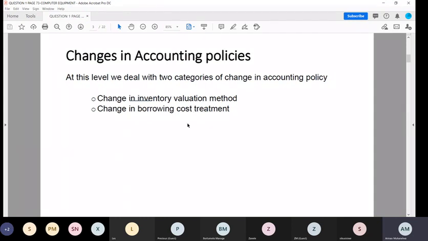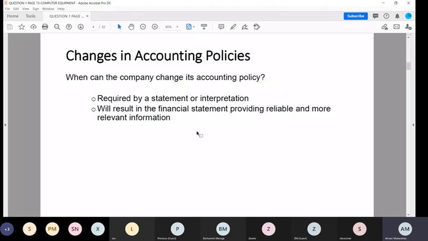The change in borrowing cost treatment is going to be the focus of today's class. So on Monday, we dealt with inventory valuation. Today, we're going to deal with borrowing cost. The principles or the guidelines still remain the same.